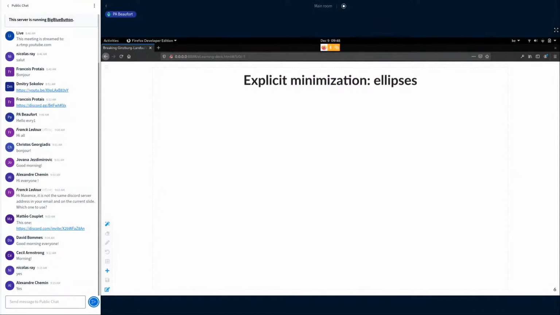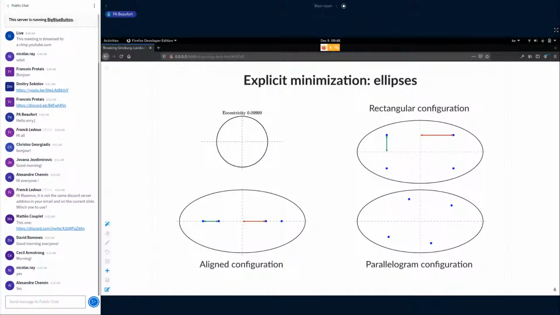Okay, so now that I have this energy, I could play with it, and I could minimize it in some cases. Here I'm going to minimize it for ellipses with three kinds of configuration for the critical points: a rectangular configuration, a parallelogram configuration, or aligned along the main axis of the ellipse.